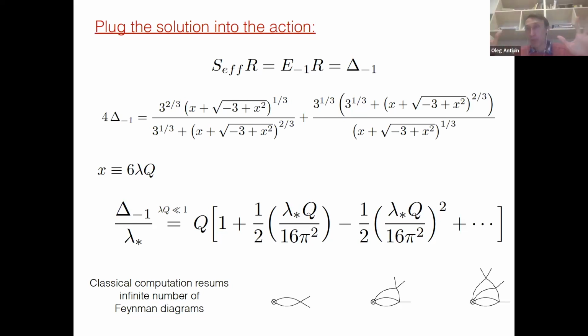Remember the 5 loop results, for example, for the phi to the 4 model. If you open papers by Mikhail and others, the full 5 loop result has a very complicated structure, with zeta functions of various structures.